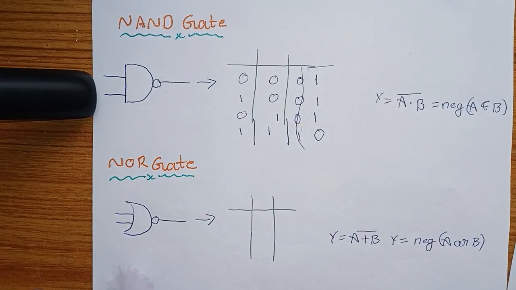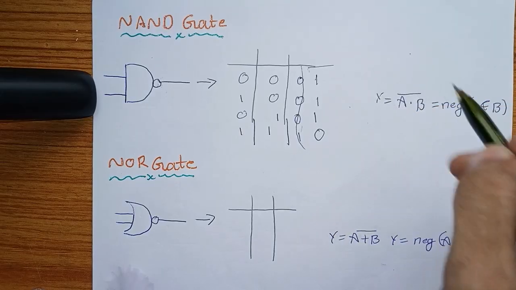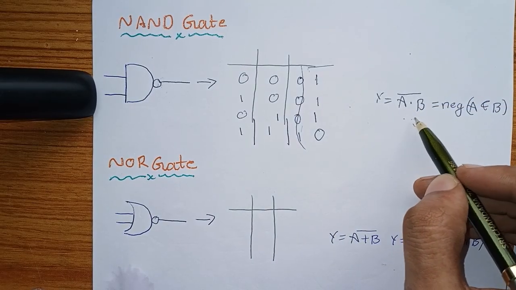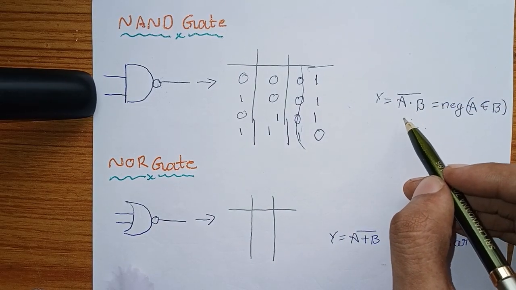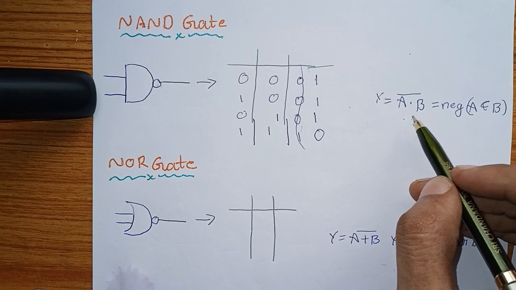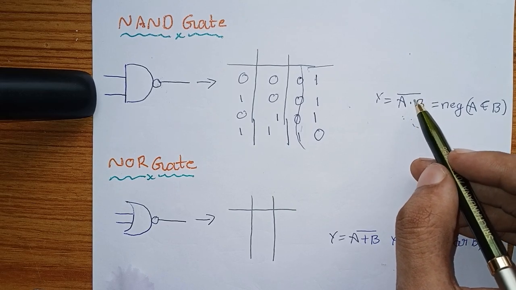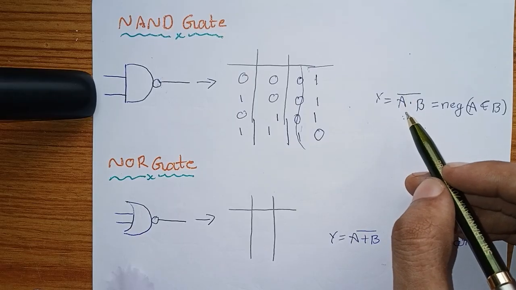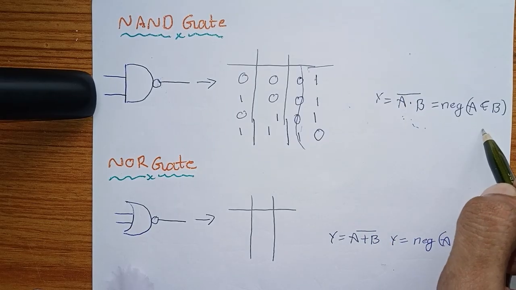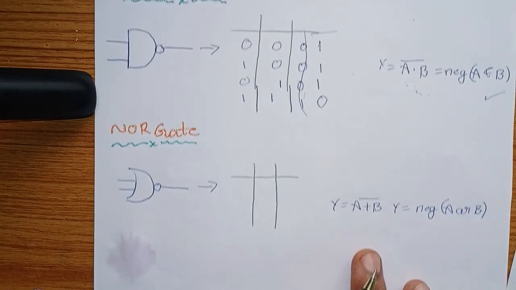I think I have confused you. What I am saying is, if A and B are the inputs of the NAND gate, A and B are not going to be the output, something else will be the output. That is what the Boolean equation is telling here.